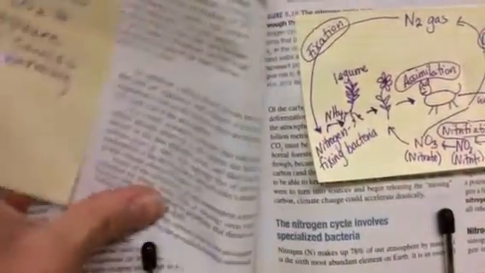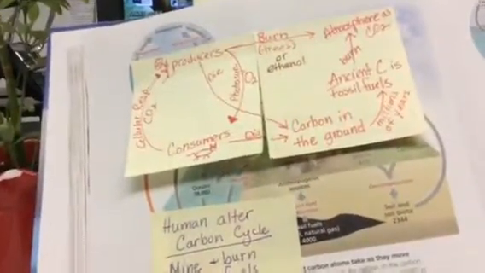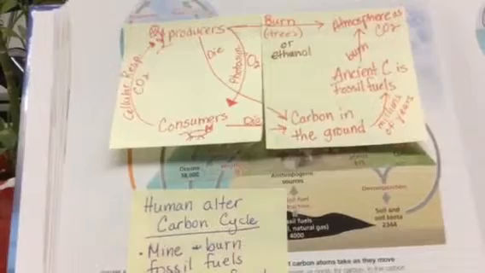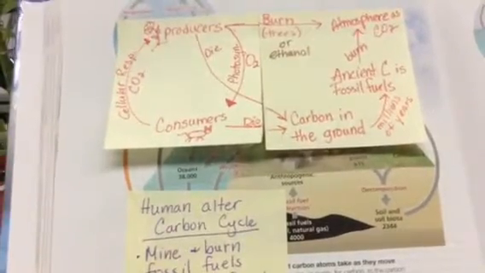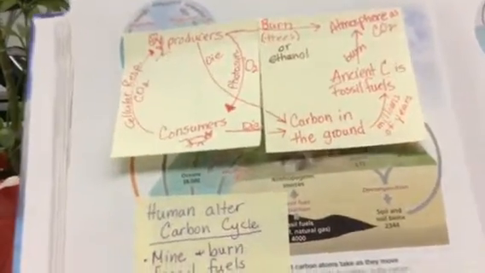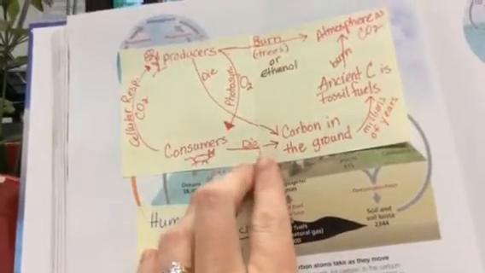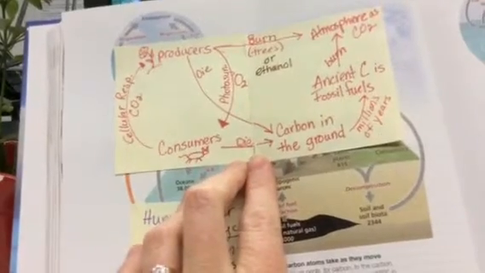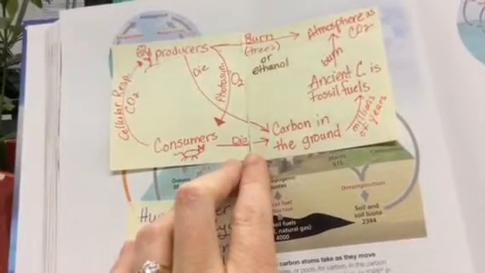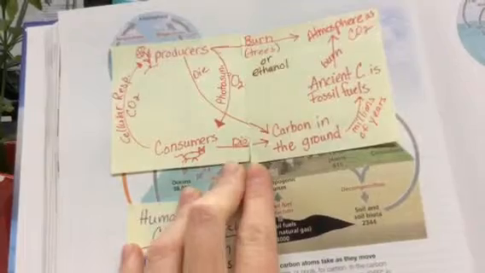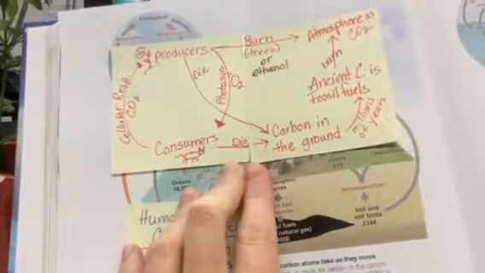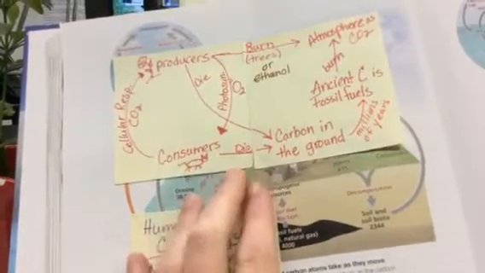Turning the page. A lot of these cycles I've redrawn because I think it's a little bit easier. My drawings look complicated, but they're actually easier than the ones in the book. So up here we have the carbon cycle, and if you just take a minute to pause the video and draw it, that might be a great idea. But first we'll start up here with producers.